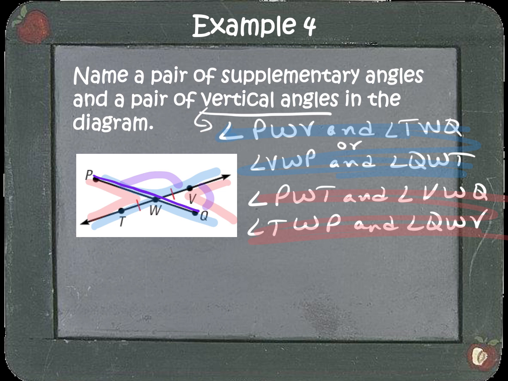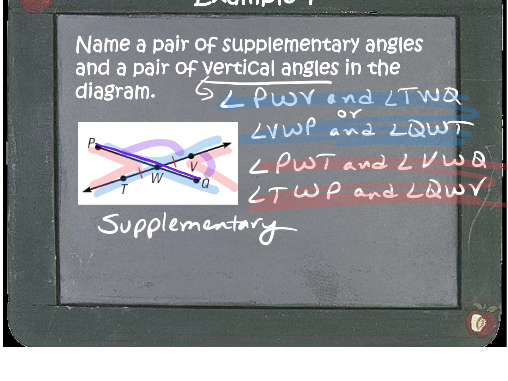So for the supplementary angles, I can name the purple ones. And again, you can do it in reverse, but I'm going to go ahead and do PWV along with angle VWQ.